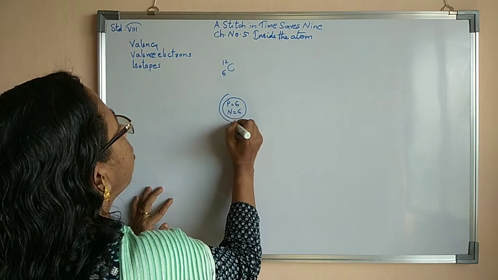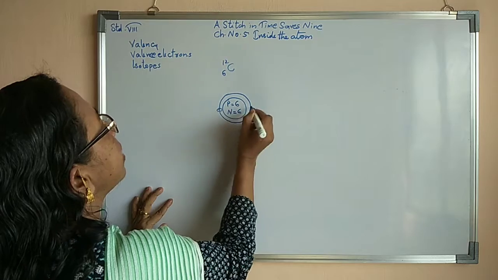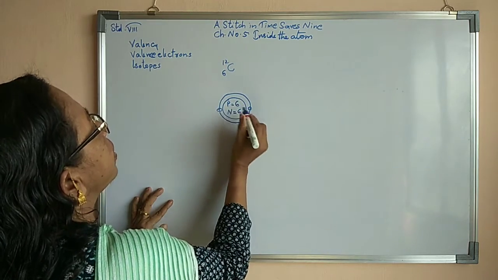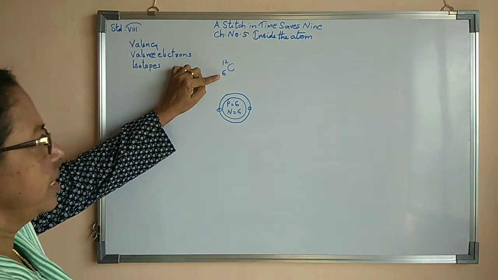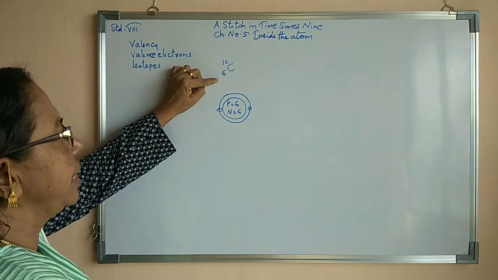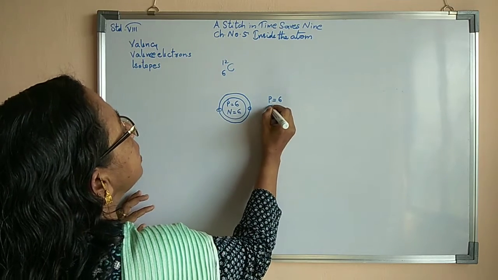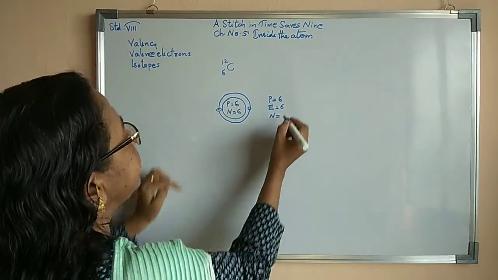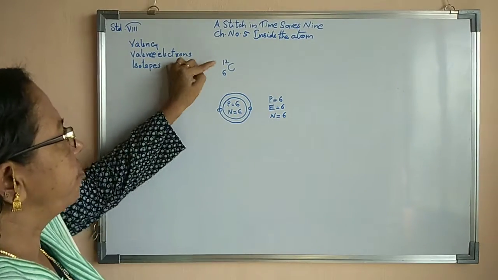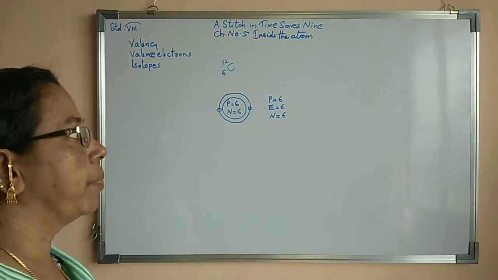Now the first orbit can have a maximum of 2 electrons. Then 2 are already used. Here atomic number is 6, protons number 6, electrons number 6. So I am writing again P is equal to 6, E is equal to 6, and N is equal to 6, by the difference between mass number and atomic number.